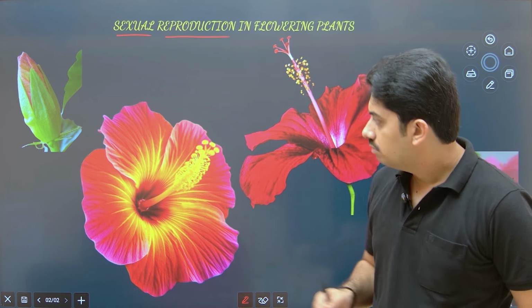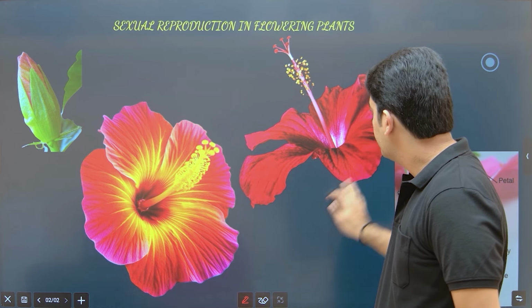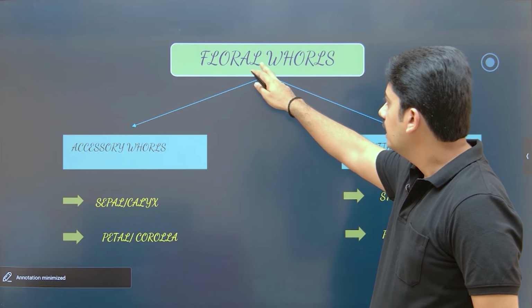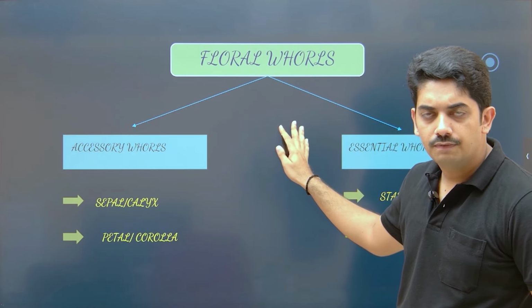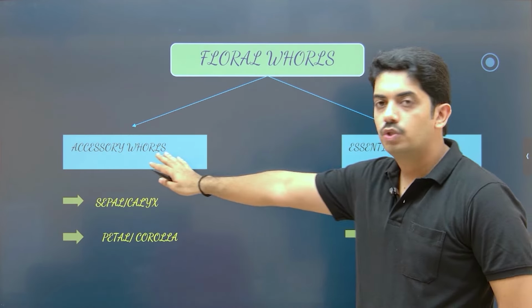Okay, so if we observe, there are four floral whorls. In that, two are accessory whorls and two are essential whorls.